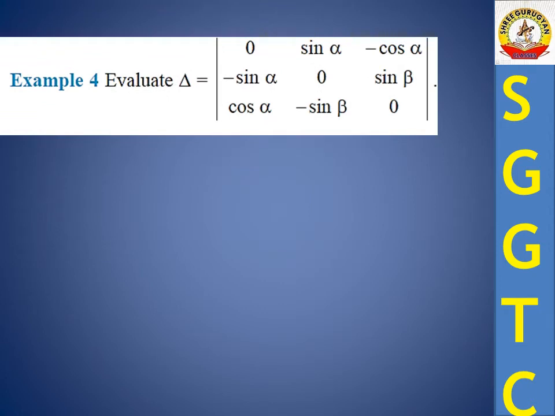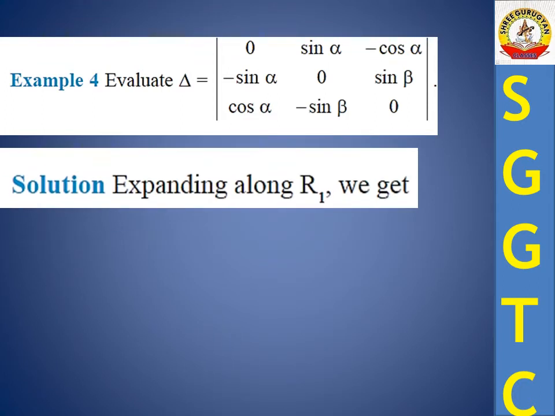Now question 4 is an important exam oriented question. Given delta with rows 0, sin alpha, minus cos alpha; minus sin alpha, 0, sin beta; and cos alpha, minus sin beta, 0. Students, here also I apply the same principle of 3 cross 3 definitions. First of all, I am expanding along R1, which means you calculate by the row number 1 elements. Row 1 elements are 0, sin alpha, minus cos alpha.